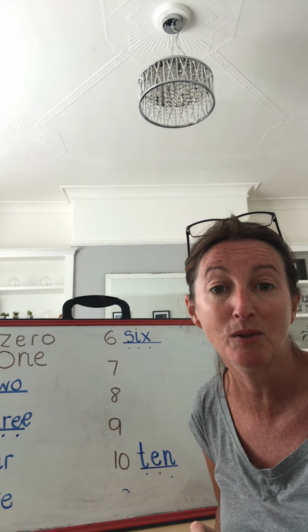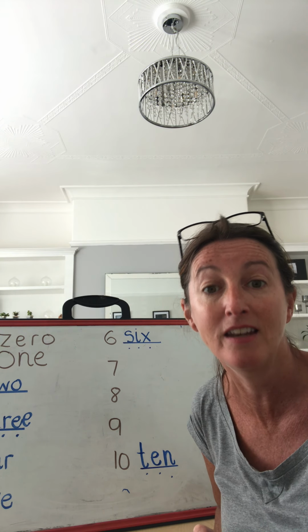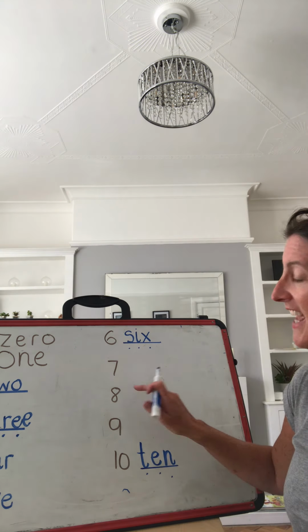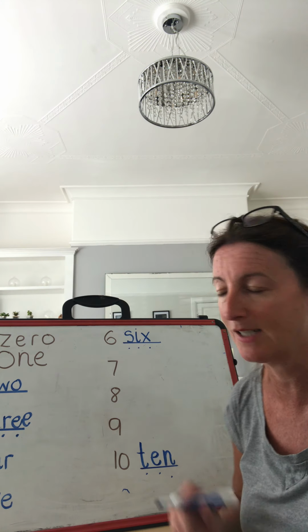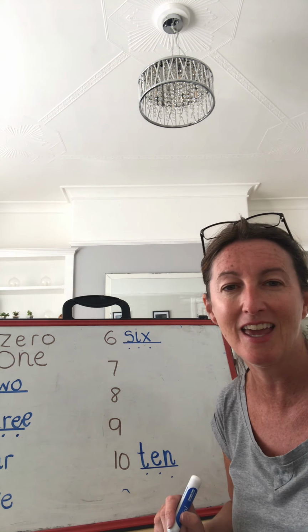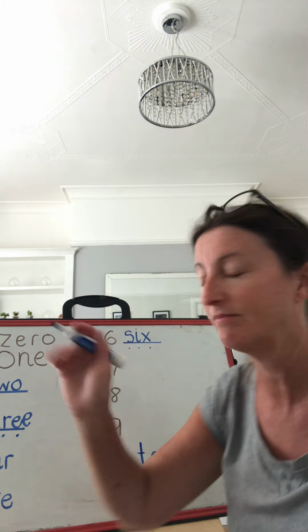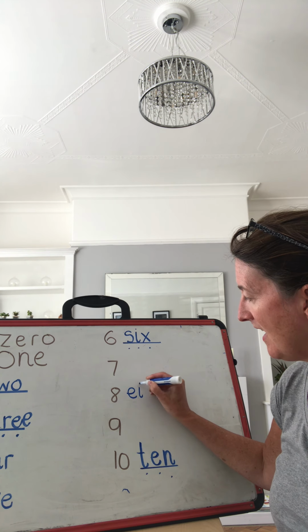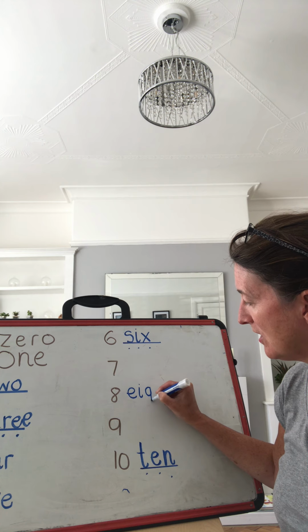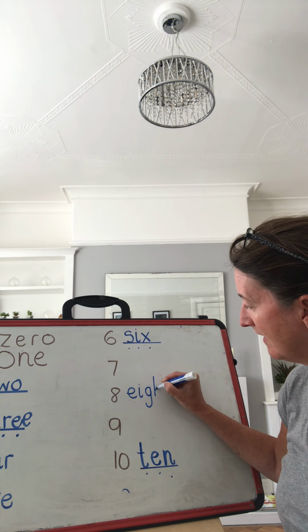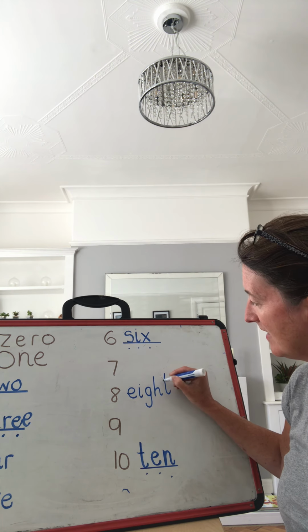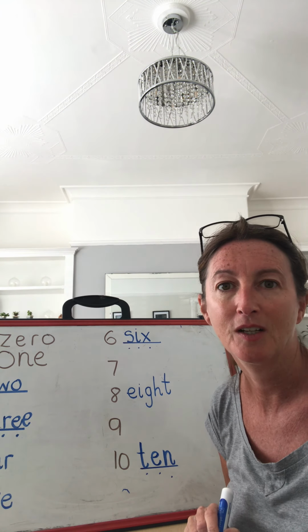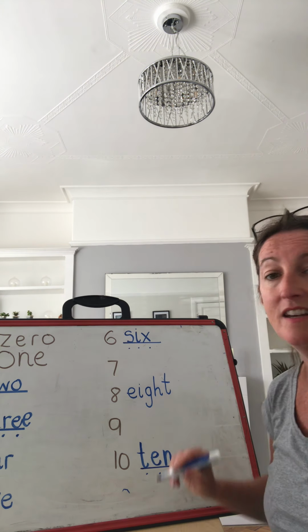7. You can sound out: s, e, v, e, n. You could do that one. 8. Really tricky to spell. You think it's a. It's not. It's this one. 8. It's so tricky. I'm going to quickly, and then 9.